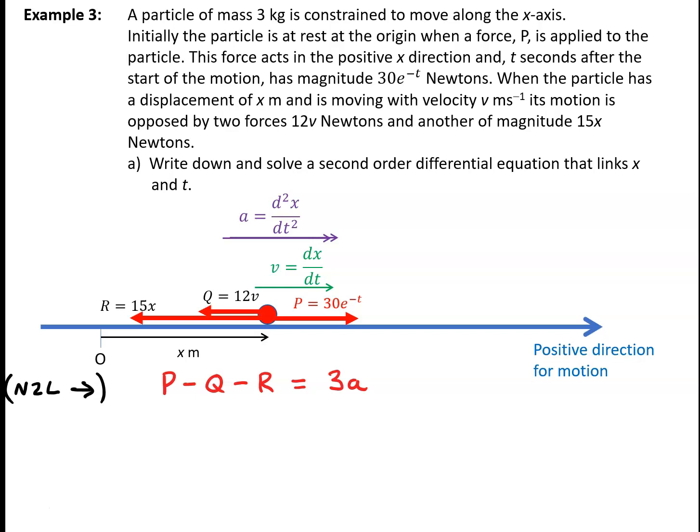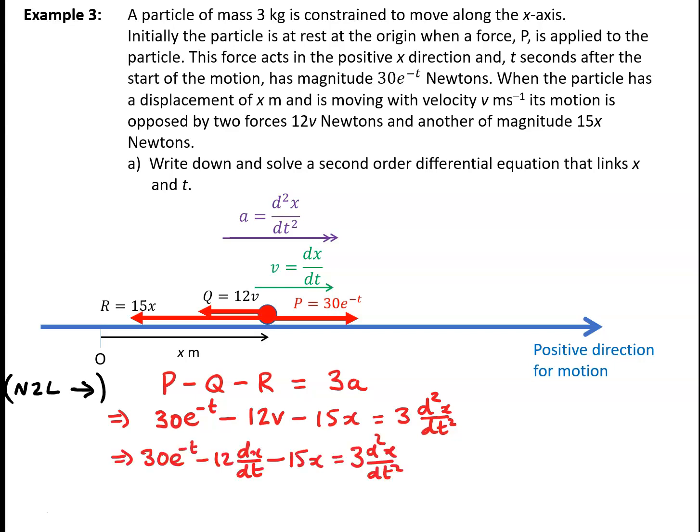So we have 30e^(-t) - 12v - 15x must equal 3 d²x/dt², or 30e^(-t) - 12 dx/dt - 15x equals 3 d²x/dt².